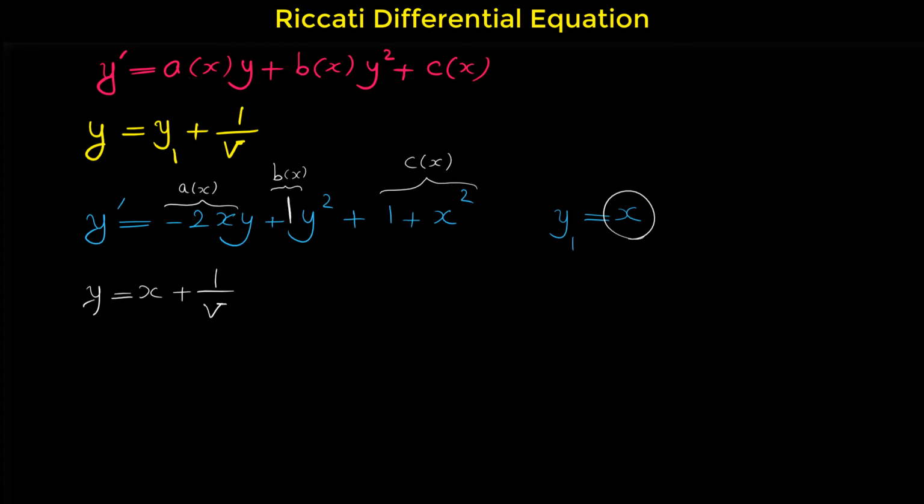For using this substitution, first we have to find y', because we need y' to replace in the differential equation. If we take the derivative of both sides, we have y' equals the derivative of x, which is 1, plus the derivative of 1 over v, which is -1 over v² times v'.